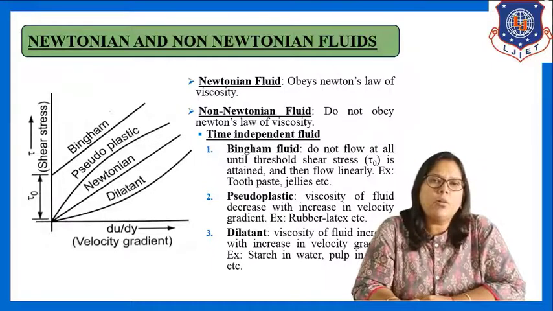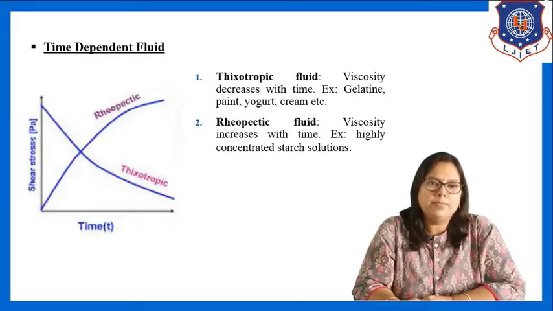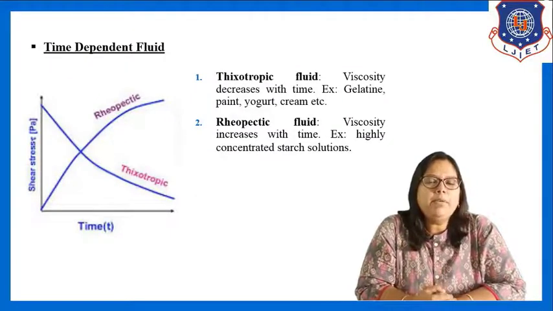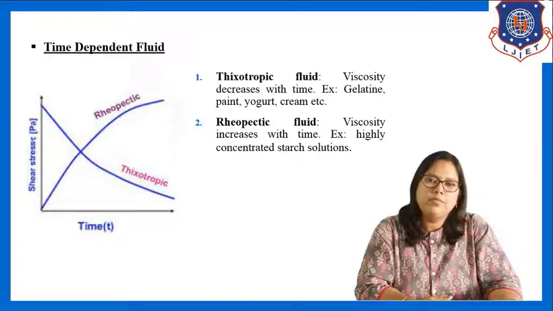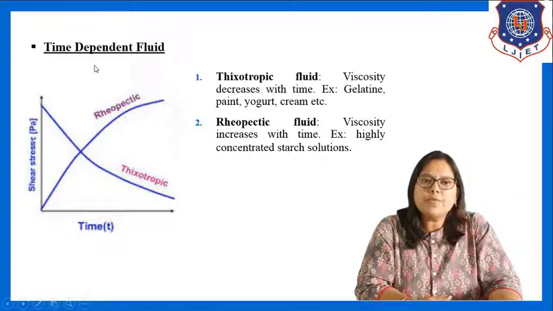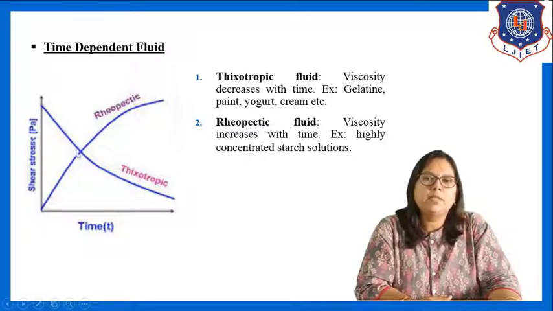Now if we talk about time dependent fluids, they show the relation between shear stress and time. In time dependent fluids there are two types, thixotropic and rheopectic. The nature is completely opposite. This is rheopectic, this is thixotropic.